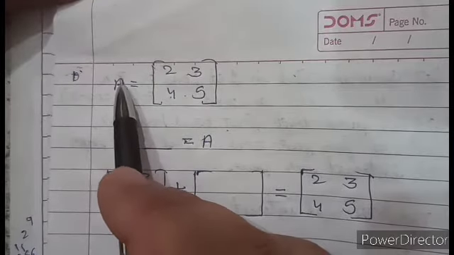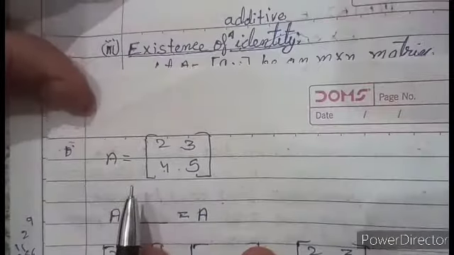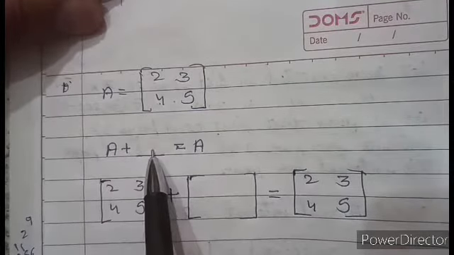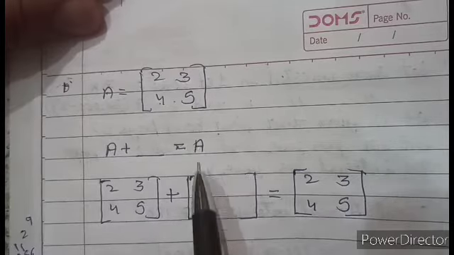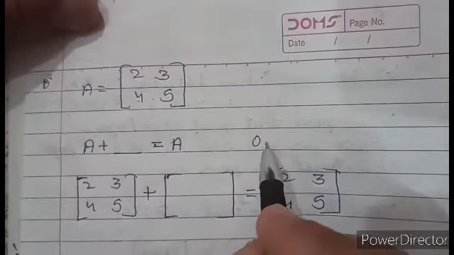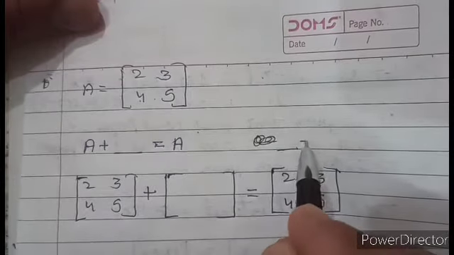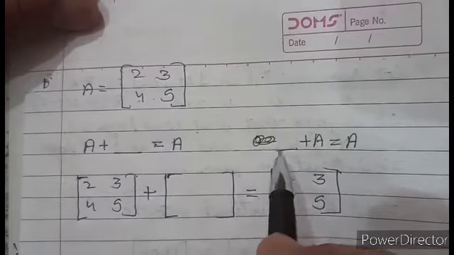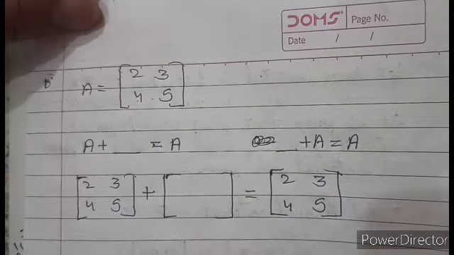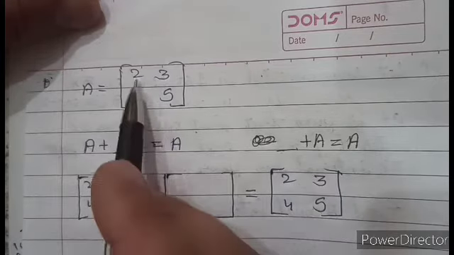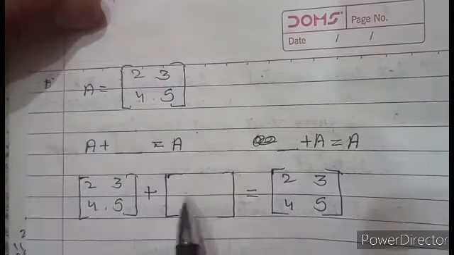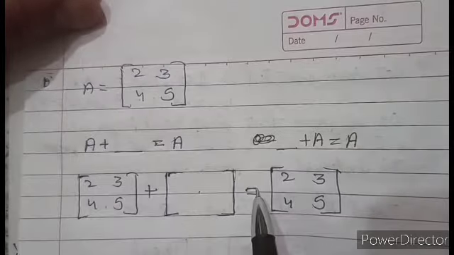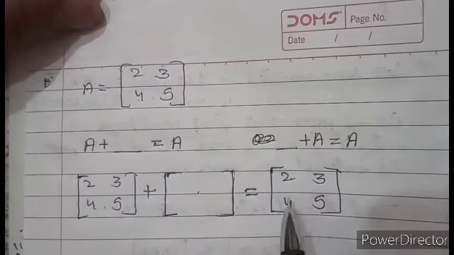Additive identity of the matrix A will be the matrix which when added to matrix A gives us the result as matrix A. A matrix which, when added to matrix A, gives us the result as A is called the additive identity of a matrix. Now here matrix A was 2, 3, 4, 5. The matrix to be added, I have left blank, and this is giving us the result as A, that is 2, 3, 4, 5.